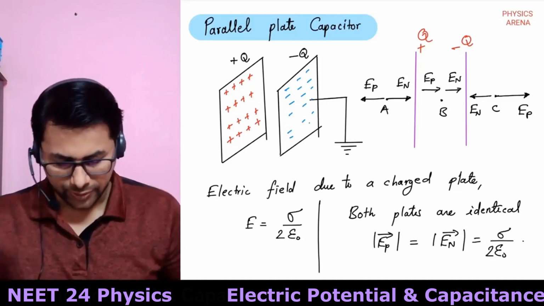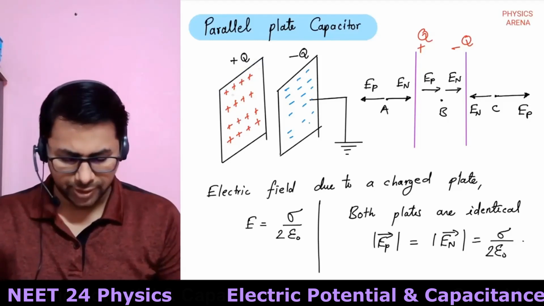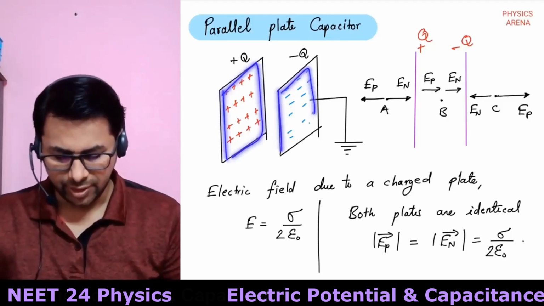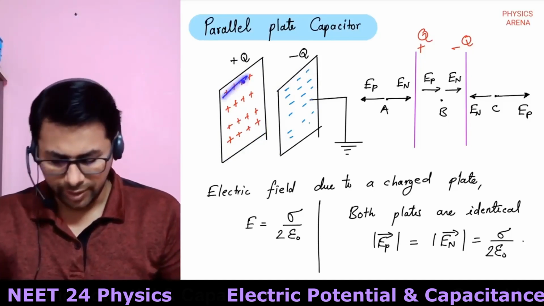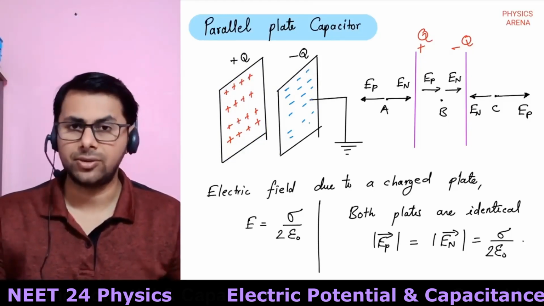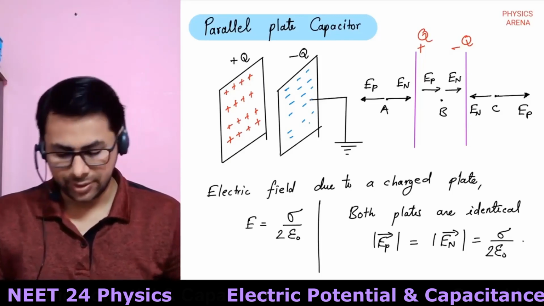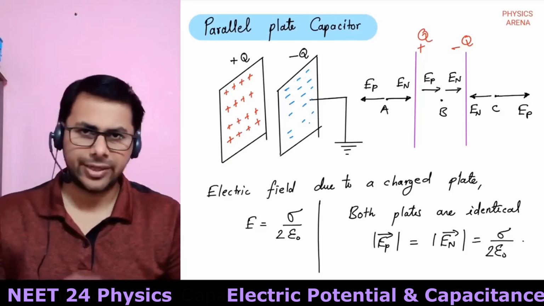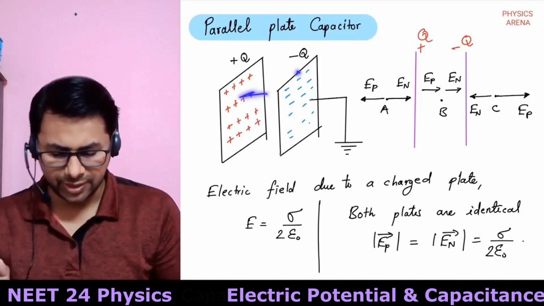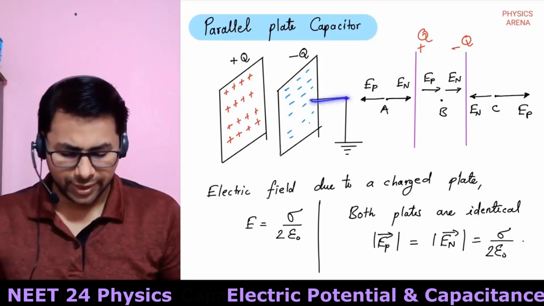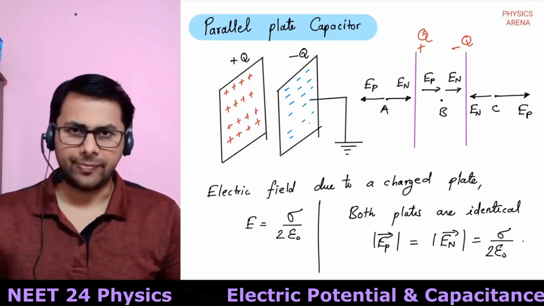Let's suppose we have these two plates. The charge on this one is plus Q. Now if this one is charged to plus Q, what will happen to the other plate? The charge minus Q will get induced on it on the side facing this plate, and you connect an earth supply.